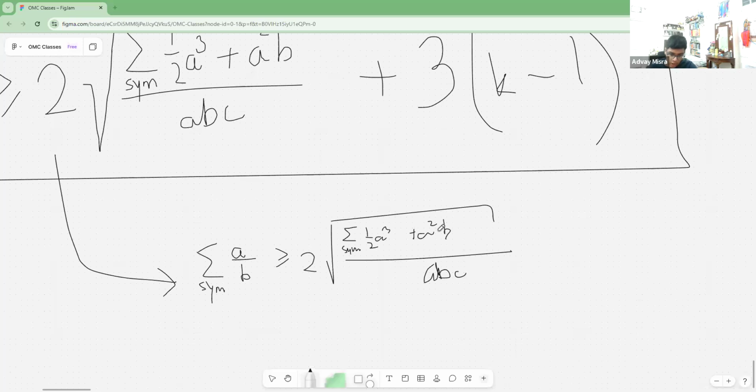Okay, so looking at this case, what is something we can do?